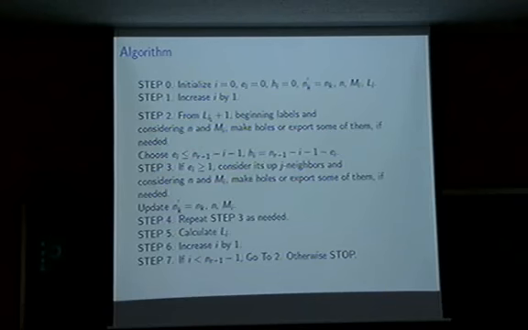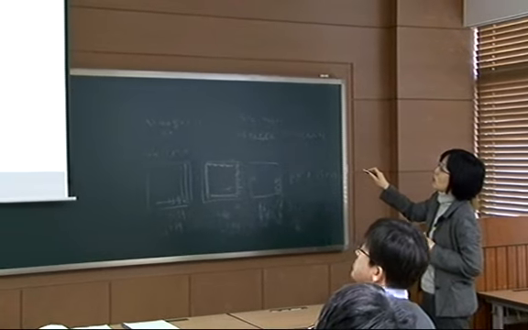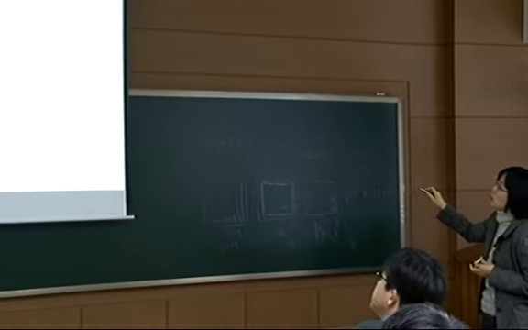So anyway, in step 1, you increase your i by 1, and from L_i plus 1 in the upper layer, you consider beginning labels. If they all fit in one line in this kind of shape, that's fine, but otherwise you make some holes or export.